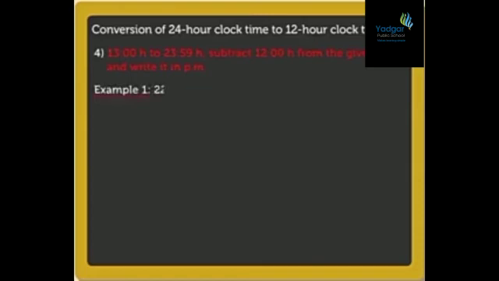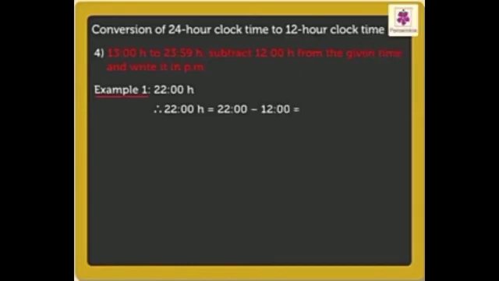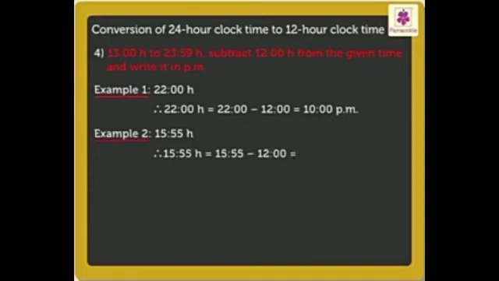Change the time 2200 hours to the 12-hour clock time. 2200 hours is equal to 22 minus 12, which is equal to 10 PM. 1555 hours minus 1200 hours is equal to 3:55 PM.